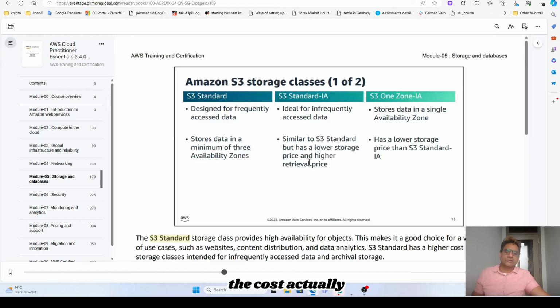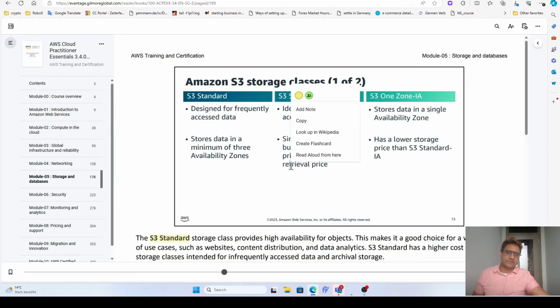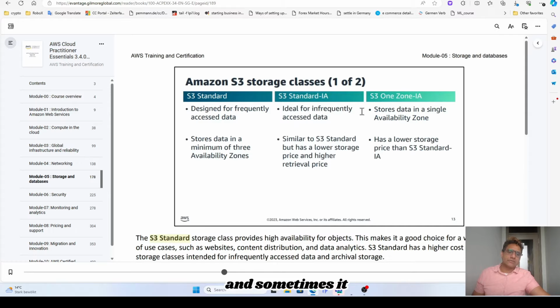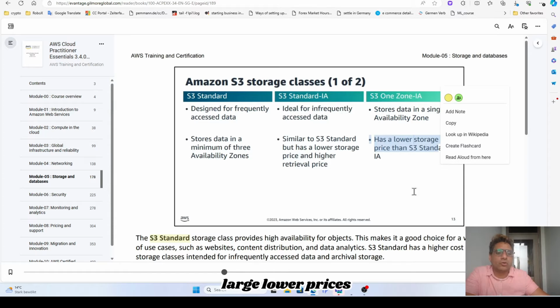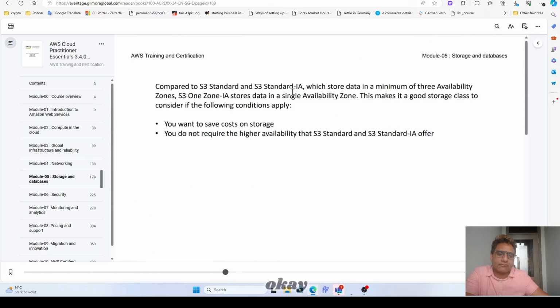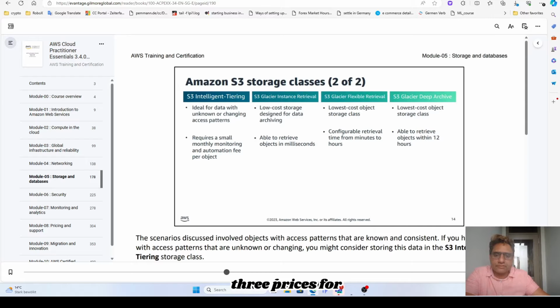To reduce the cost you could attach this class instead of Standard, as it is lower cost. And sometimes there is S3 One Zone IEA, where your data is not so important that you need the topmost 3-zone availability, and you could afford only 1 zone. And if you also don't access it very frequently, you could attach this One Zone IEA at even lower prices, right? These are the 3 classes, for example.